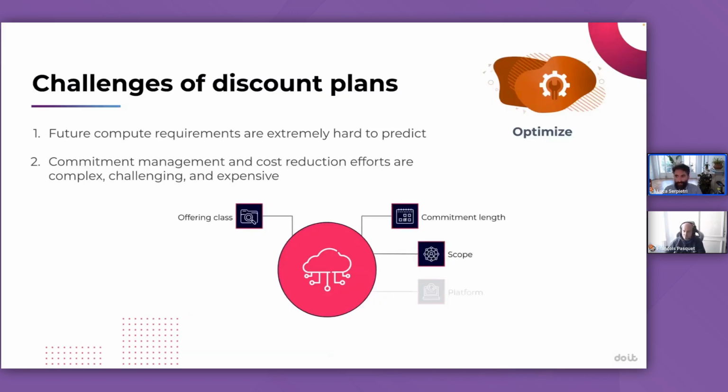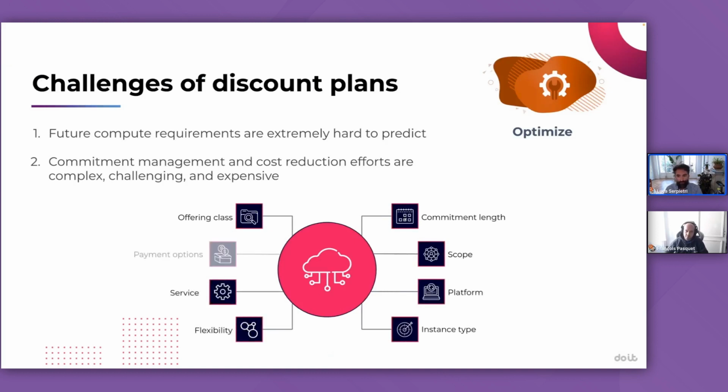The other thing I want to say in the optimize phase for FinOps is the challenges for discount plans. As you know, Noah has explained to us, there's plenty of options in AWS. There is a great way to handle those. But we found with customers that there is a challenge in projecting those requirements across the time commitment that AWS is going to ask us, 1 year or 3 years.